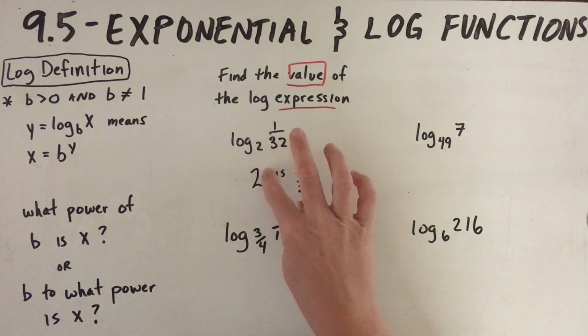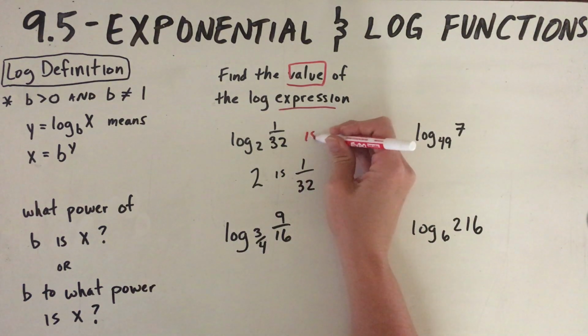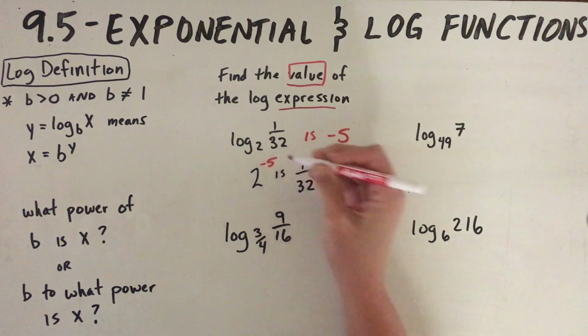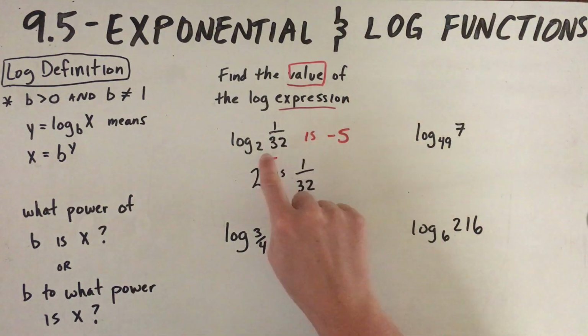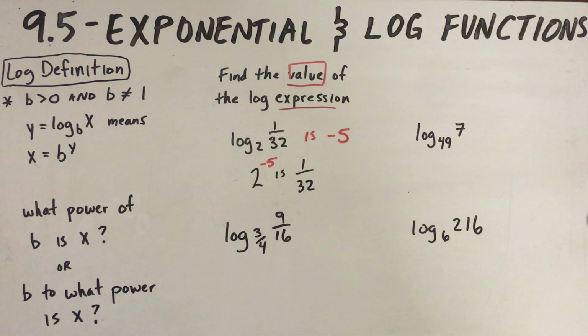So the value then of this log expression is negative 5, because 2 to the negative 5 is 1/32. Or in other words, we're just identifying what the exponent would be that would make this true. This base is raised to what power to make it 1 over 32.